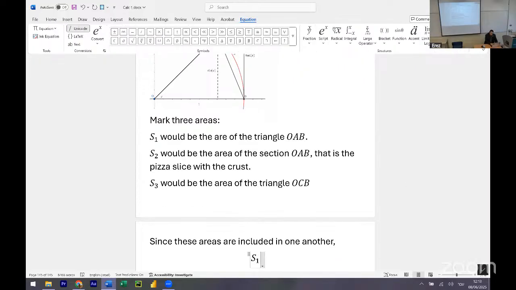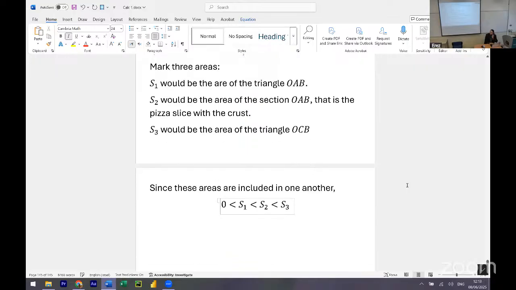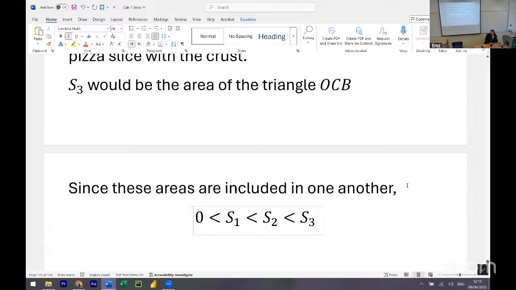S1 would be smaller than S2, which will be smaller than S3, and they are all larger than 0 as well. Agreed? So we will calculate these areas, and then we'll get an inequation. That inequation is important to us, and then we will see why I do all that I did.